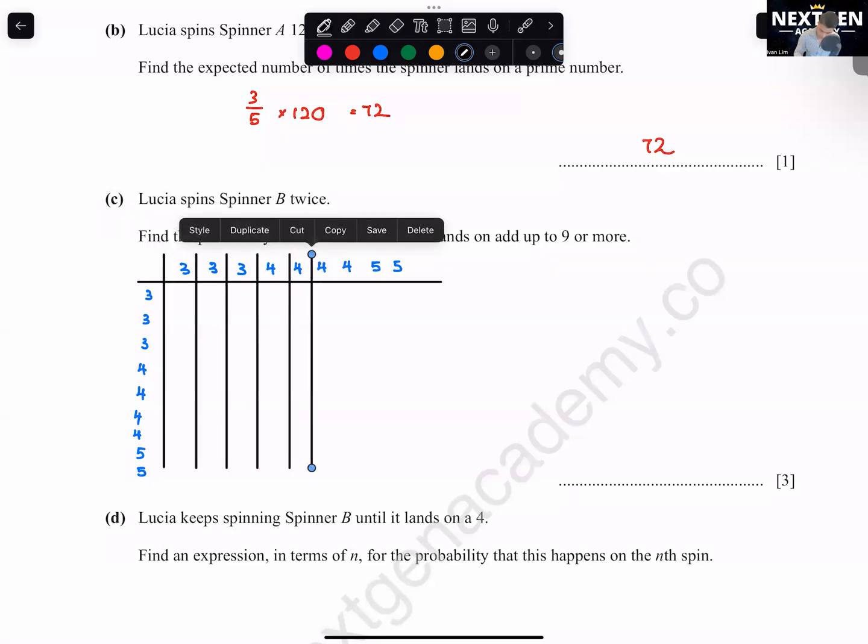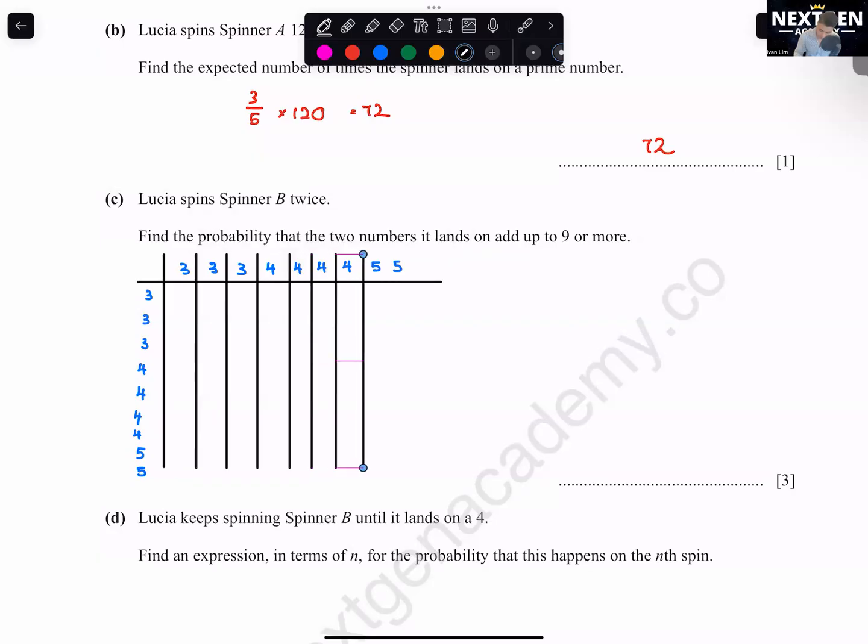So I'm going to draw this table out. I want to see which two values, when we add up together, will give me 9 or more. You look at the table, and you only write the ones that give you 9 or more.